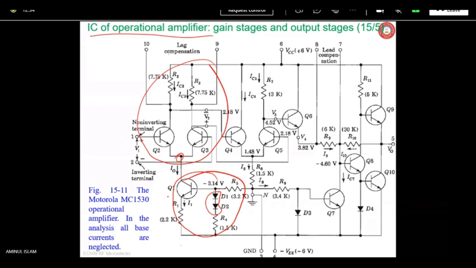Another modification is to add a matched FET. Instead of BJT, if you use FET for the first stage where you are connecting the signal source, that is another solution. So another modification is to add a matched FET differential stage at the input, or preferably to fabricate an FET differential pair on the same chip with the rest of the op-amp.